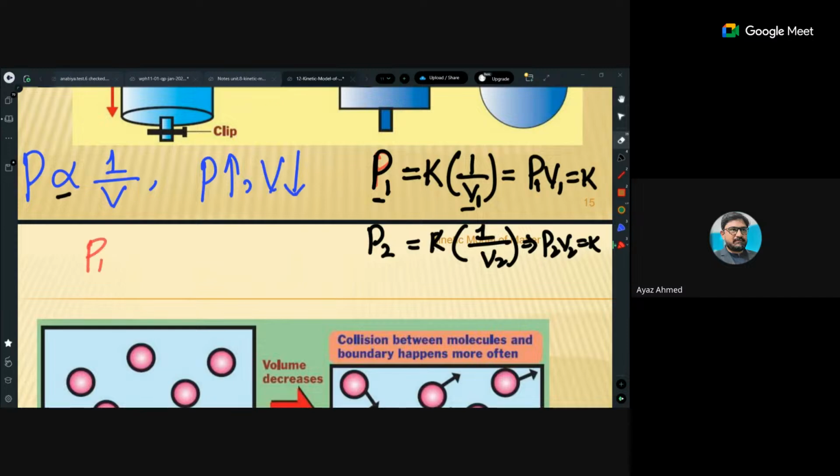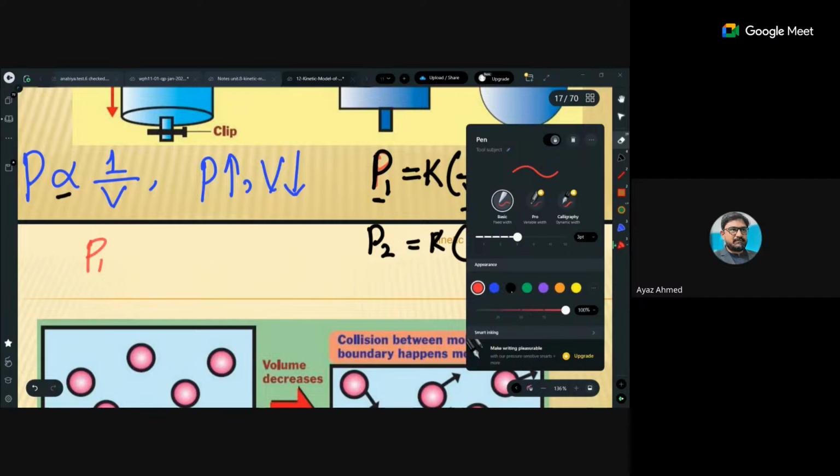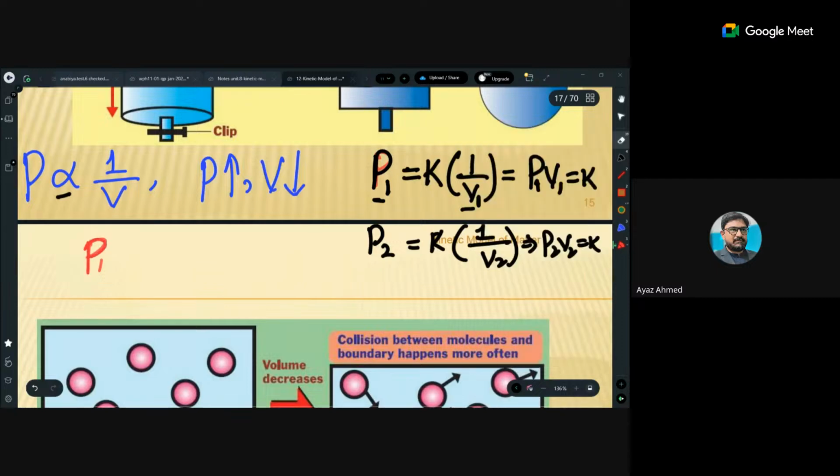So you must have this equation in your toolkit: P1 V1 equals P2 V2, right?